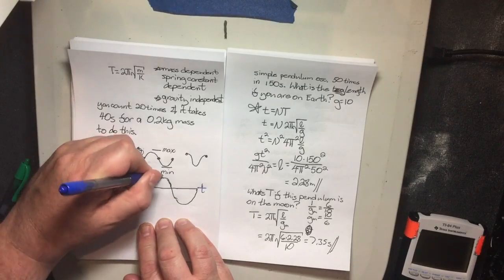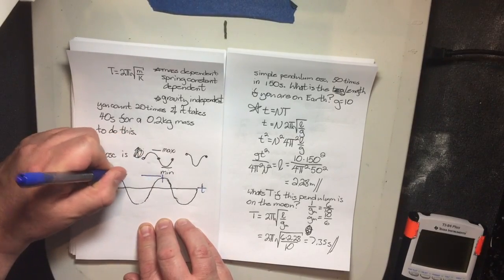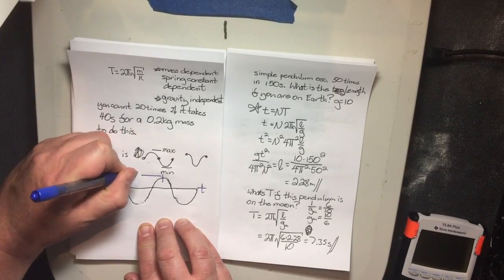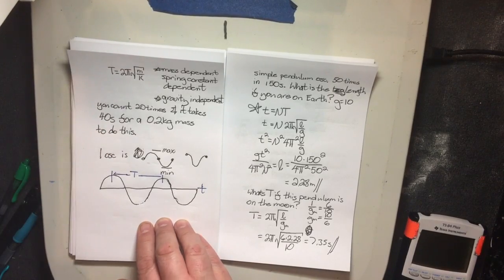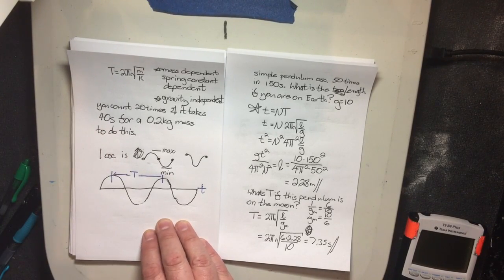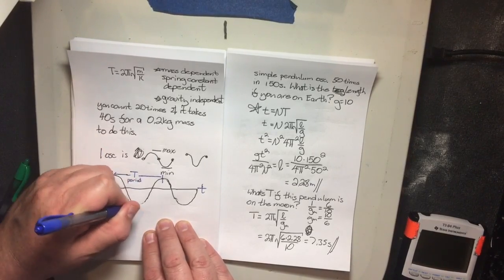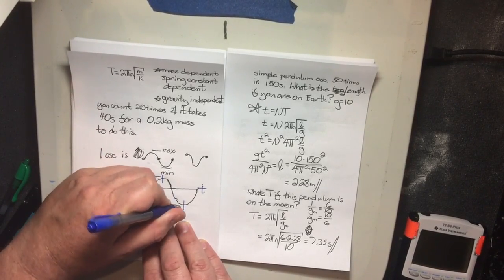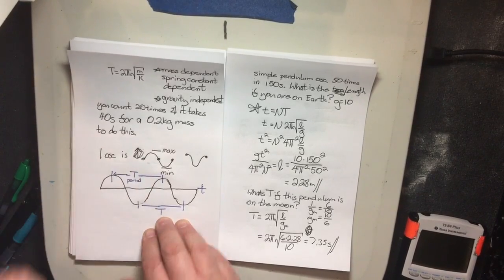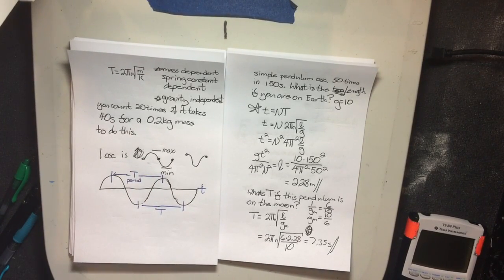The time that it takes to go from peak to peak, the top of one to the top of the other, is capital T, or period. You could also say from bottom to bottom is period again. Both of them measured in seconds.